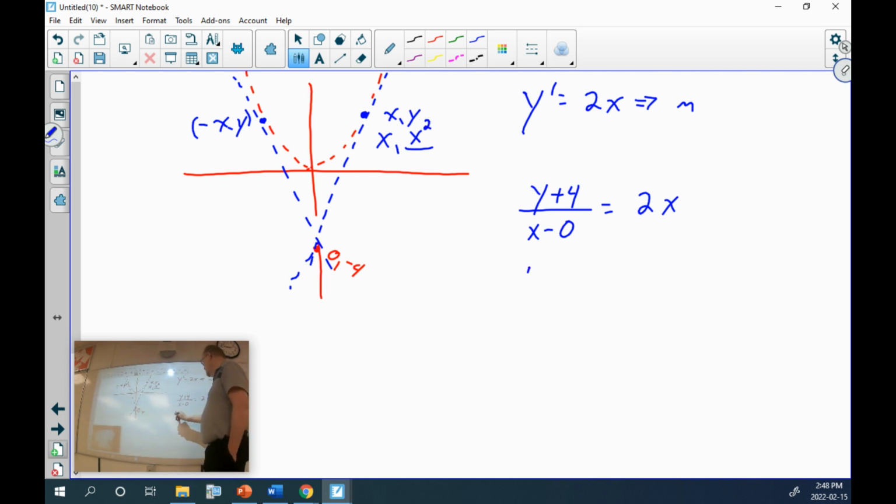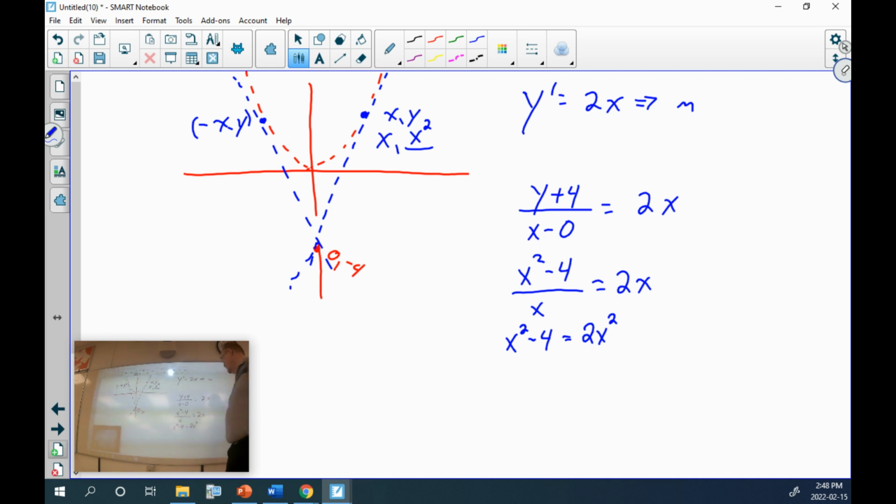So I'm going to replace this y with that. So I have x squared plus 4 is equal to 2x squared. Oops, I lost the plus sign. That doesn't work otherwise.